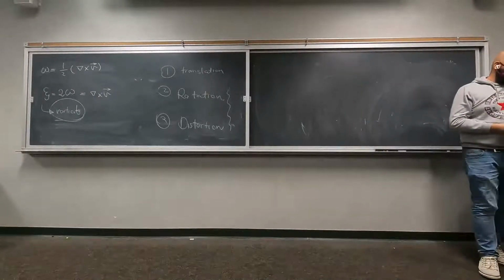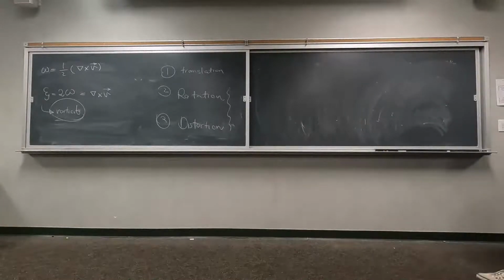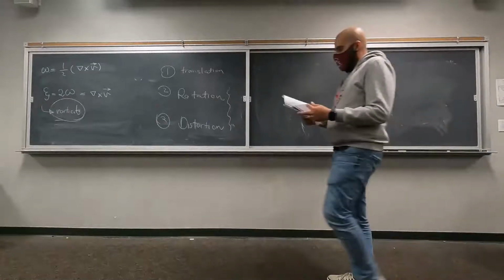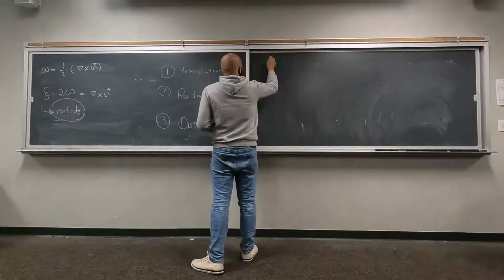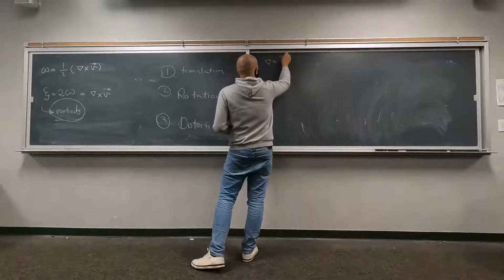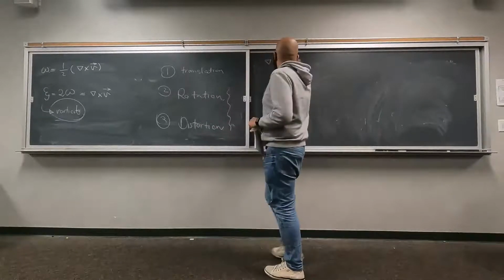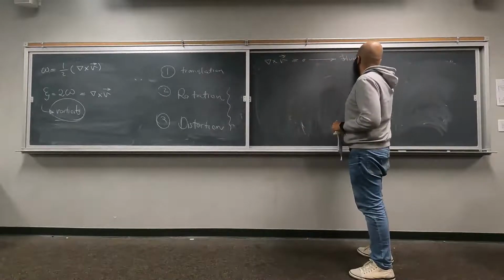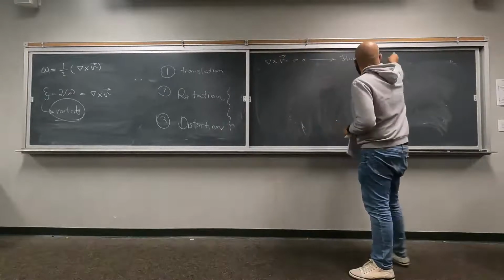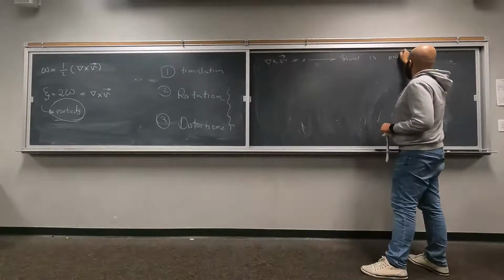When the curl of velocity is 0, we are going to say that the flow is irrotational.